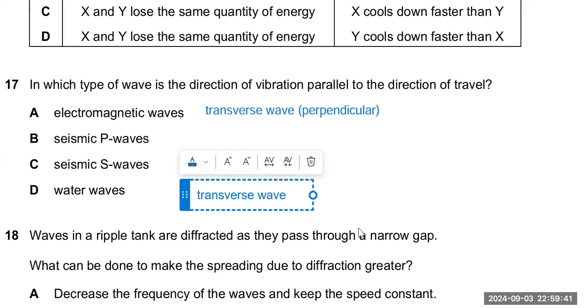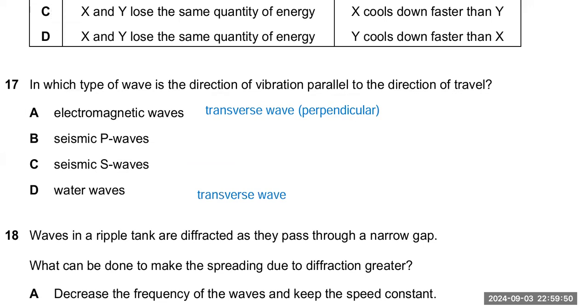Now we have two waves: seismic P waves, P for primary waves, and seismic S waves, S for secondary waves. Here, first of all, you have to understand what a seismic primary wave is.